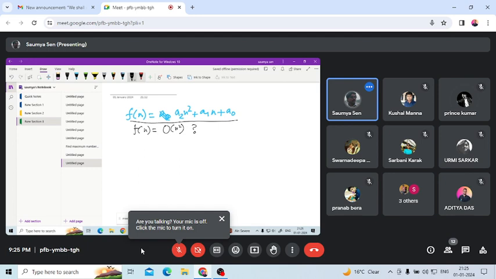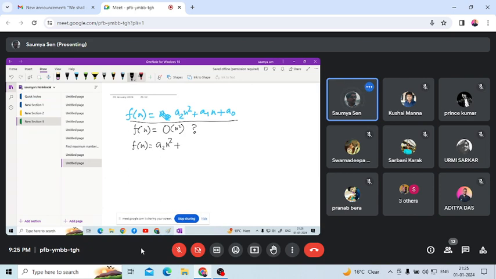Yes, sir. Why? Because by a simple calculation, f of n equals a2 n square plus a1 n plus a0, which is less than or equal to mod of a2 n square plus mod of a1 n plus mod of a0.